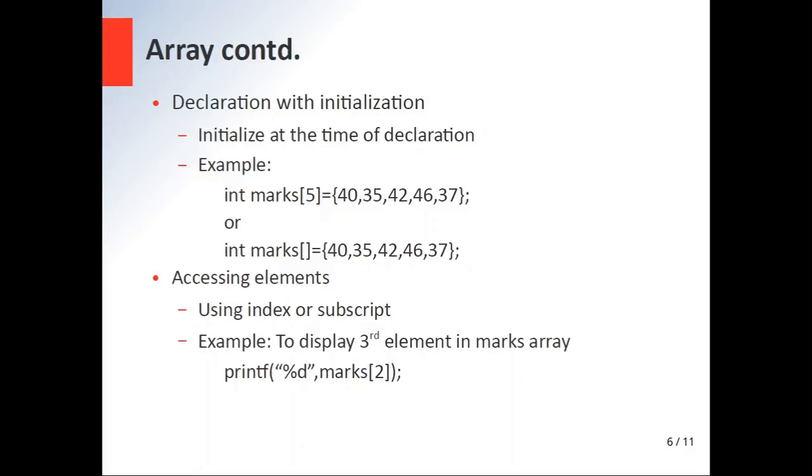So we can declare like this: int marks[5] = {40, 35, 42, 46, 37}. So this assigns 5 values in the marks array from position 0 to 4. If we are initializing the array at the time of declaration, then there is no requirement to give the size.